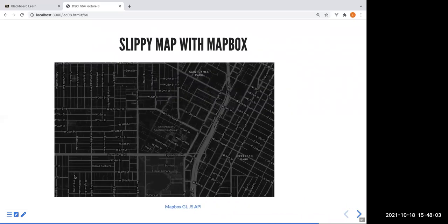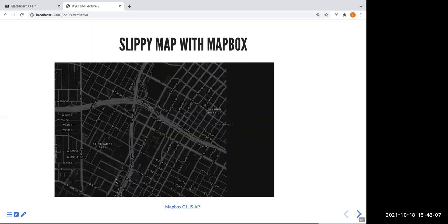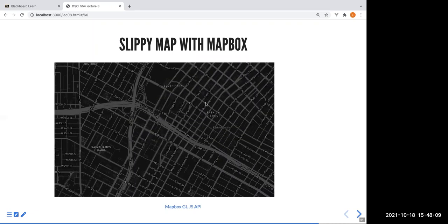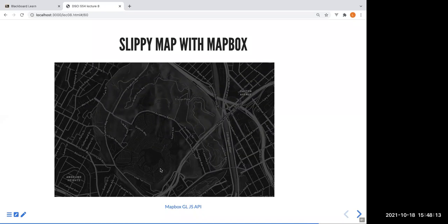So here is an example of Mapbox that is in the page here. As I move around, you see that some areas just come in, right? I don't know what is implemented here, we can look at it, but it's basically going back to the map server and saying, oh, now I need the tiles for this area.